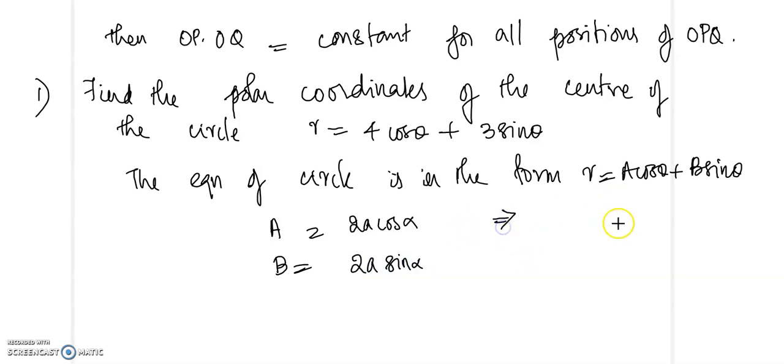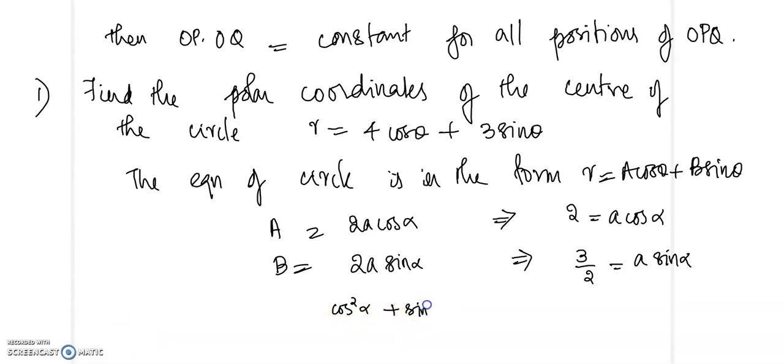So that gives 2 equal to a cos alpha and here we will get 3 by 2 equal to a sin alpha. Now we have cos square alpha plus sin square alpha equal to 1. So that will give 2 by a plus 3 by 2a, so square of this will be equal to 1.